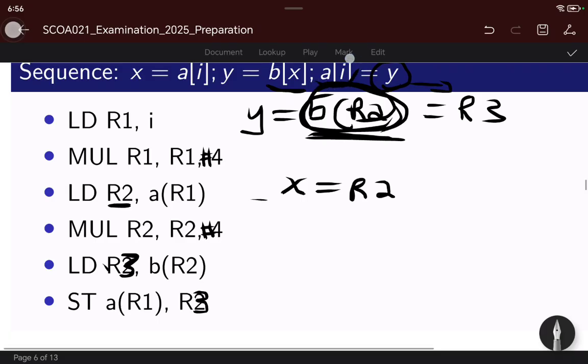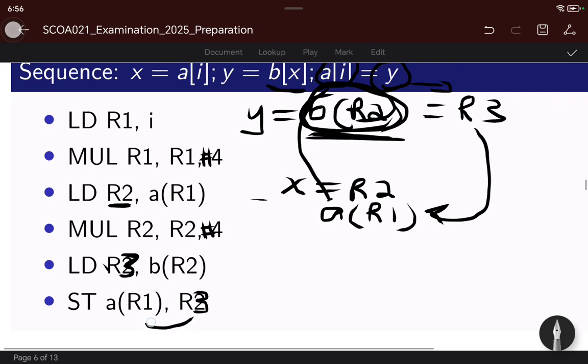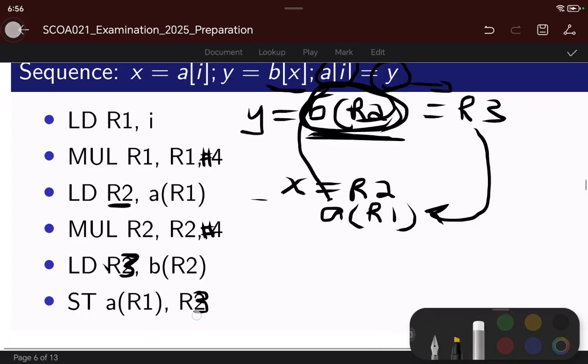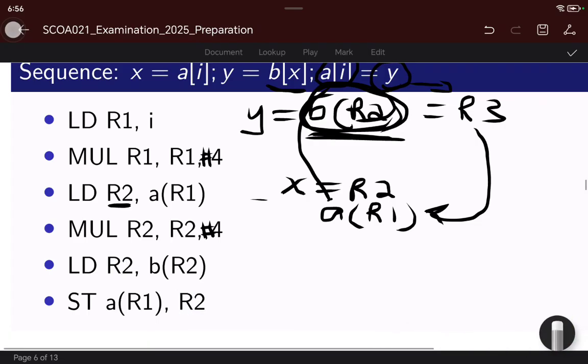And this one, AI, we know that this one, AI, it's AR1. Now it says that I must store R3 into AR1. So I'm going to store this R3 into R1. So I said that since R2 was used, we could still decide to use R2 there.